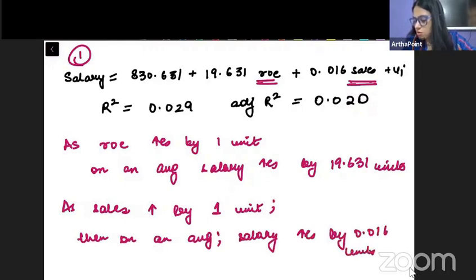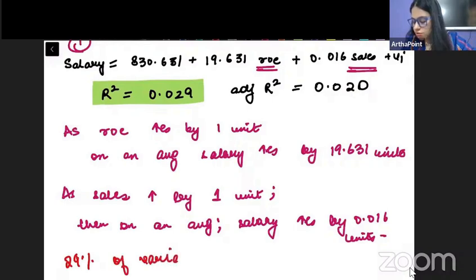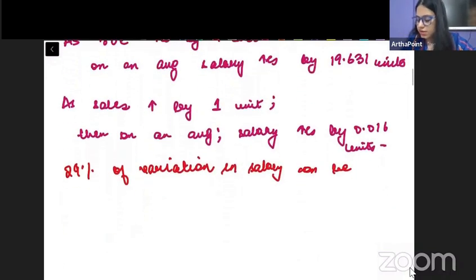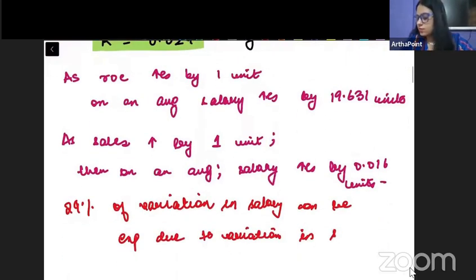0.016 units. Now this R square is 29%, so we can say that 29% of variation in salary can be explained due to variation in ROE and sales together.